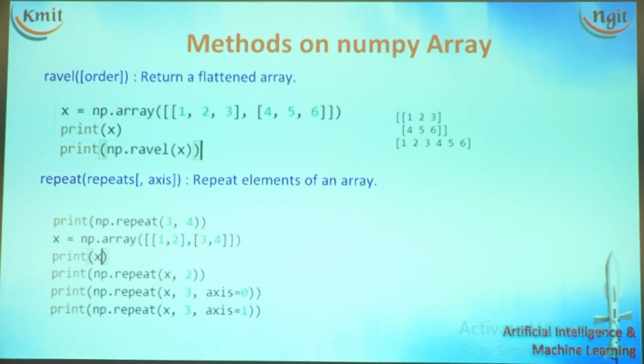Now the ravel method and the repeat method, guys. Ravel will return a flattened array. What is the difference between flatten and ravel? Almost the same thing it is doing, no? Then why a separate method?